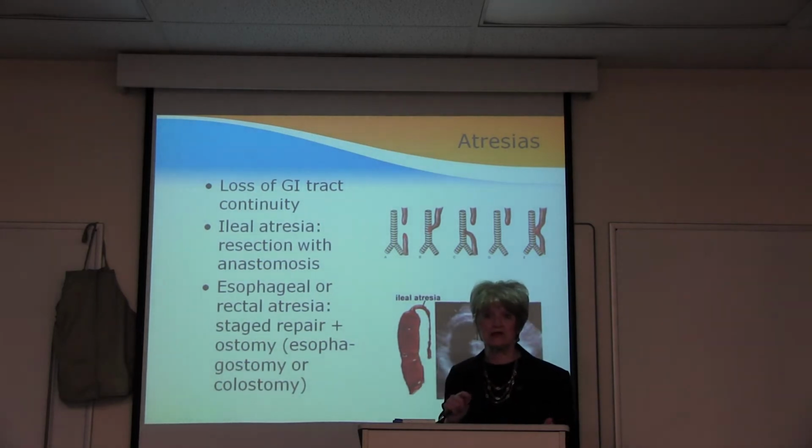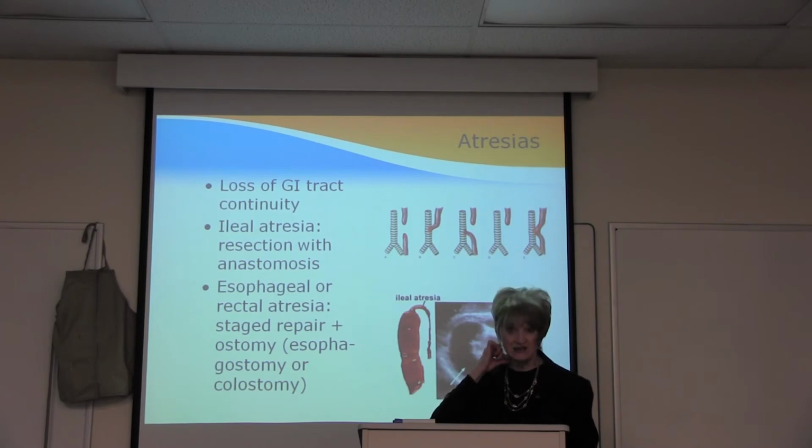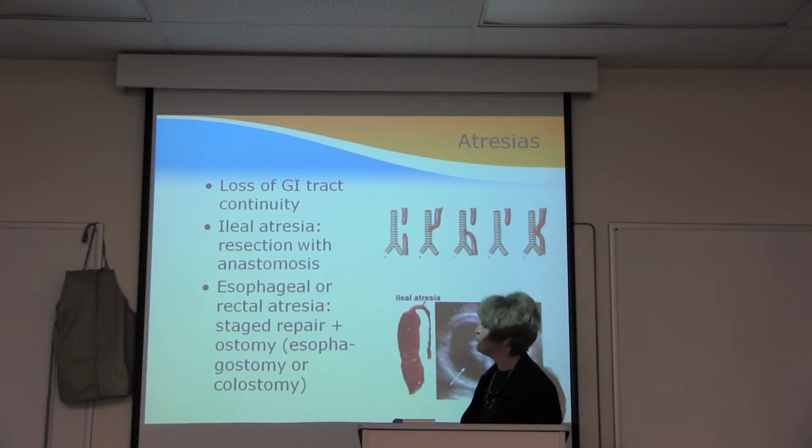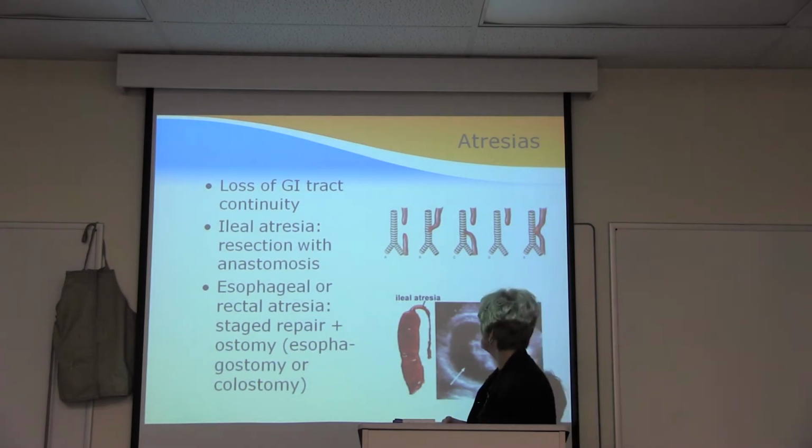Typically, the baby would end up with a temporary esophagostomy where they would bring the proximal end of the esophagus out to the neck to drain saliva, and then the baby would be fed through gastrostomy. Long term, they usually use a section of colon to reestablish continuity between the proximal and distal esophagus.